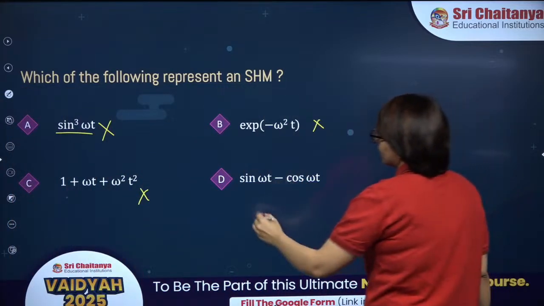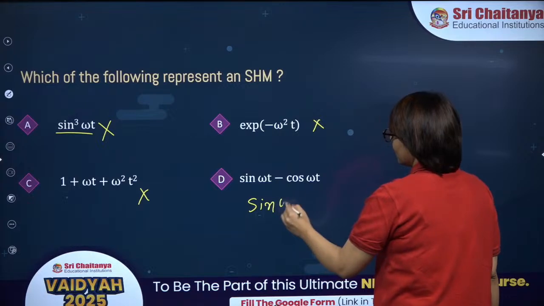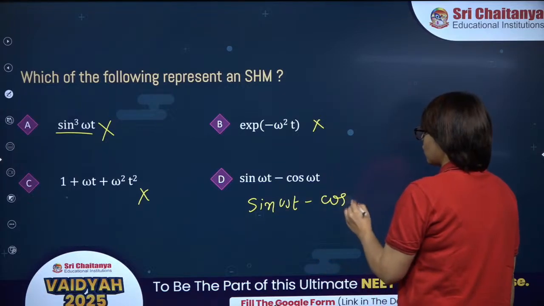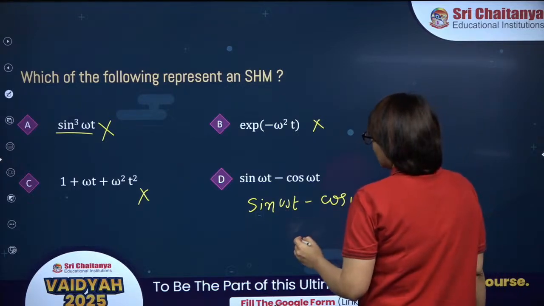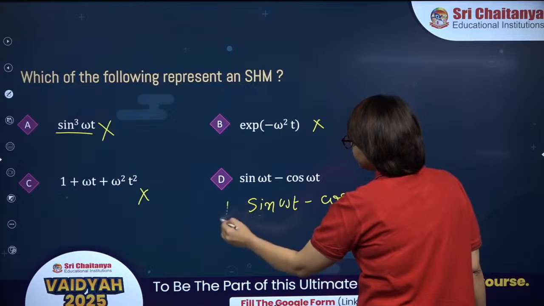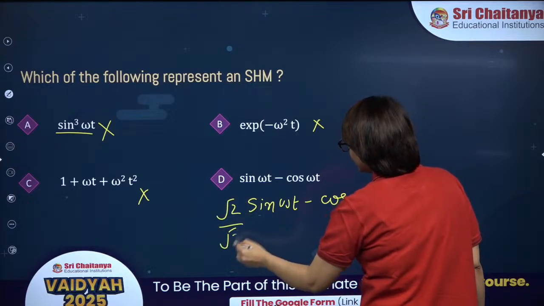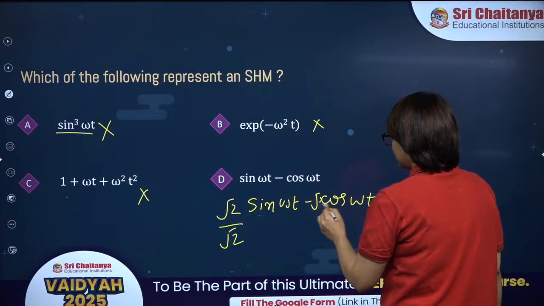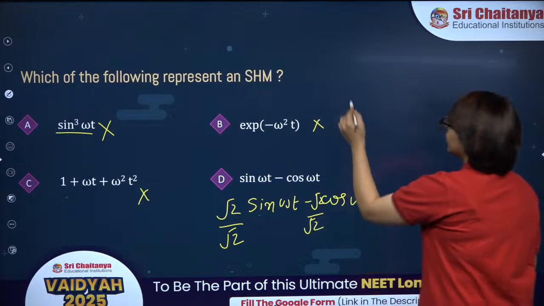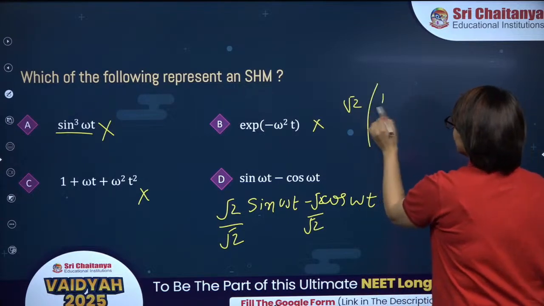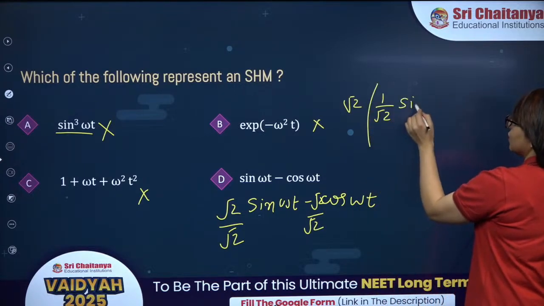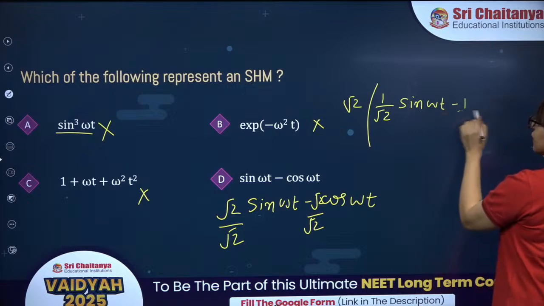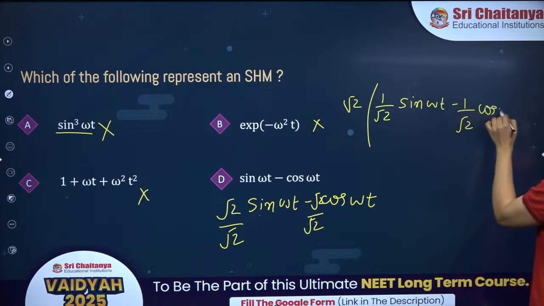But if you look at this one, sine omega t minus cos omega t, you just have to multiply and divide by root 2. Now you can take root 2 common, so it is 1 by root 2 sine omega t minus 1 by root 2 cos omega t.